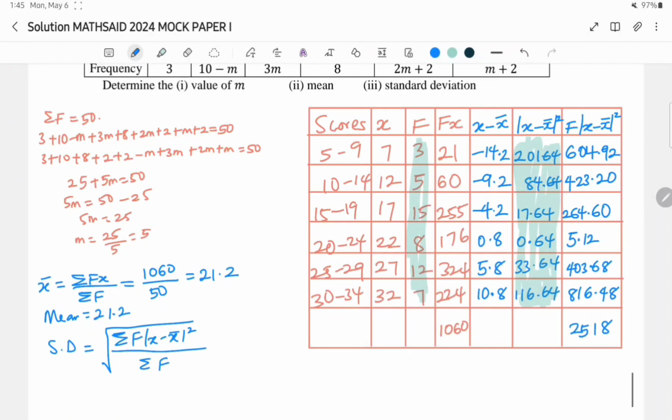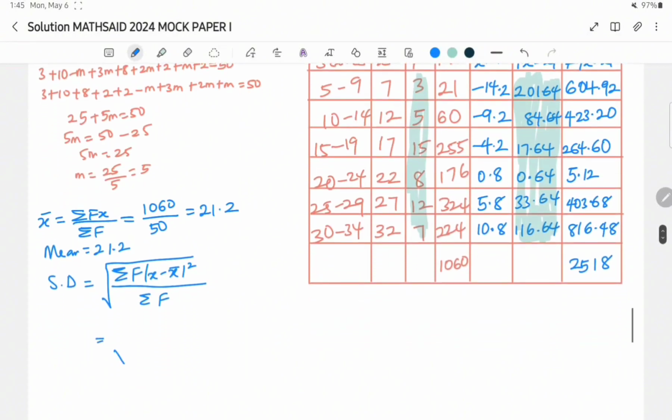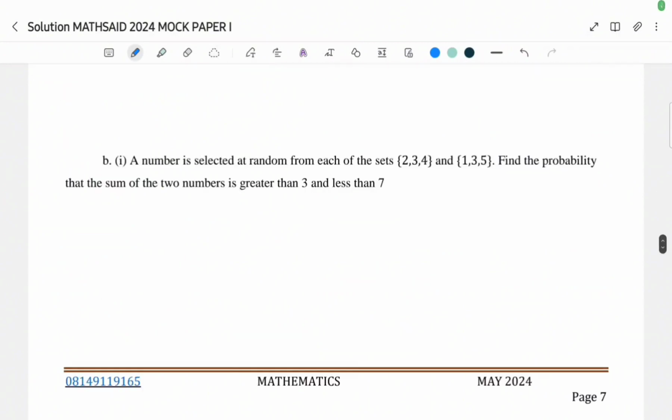That will be the square root of 2518 divided by 50. That's the square root of 50.36, which is equivalent to 7.096.